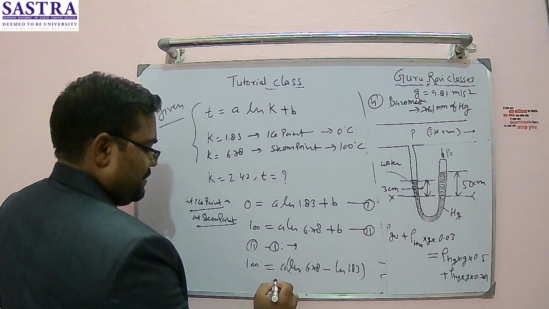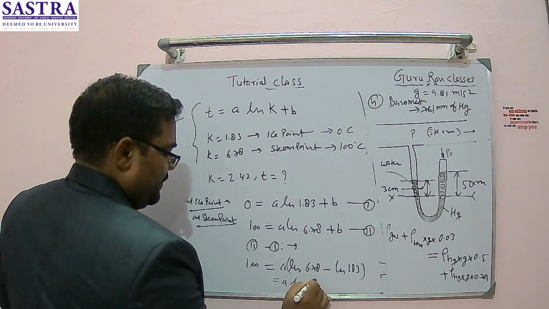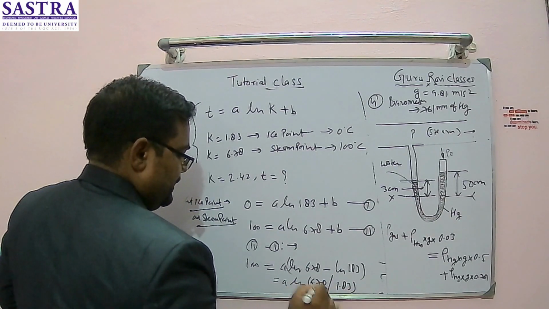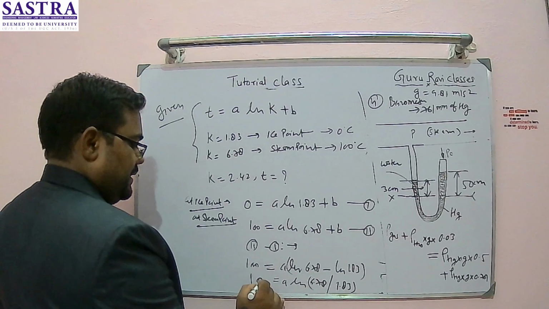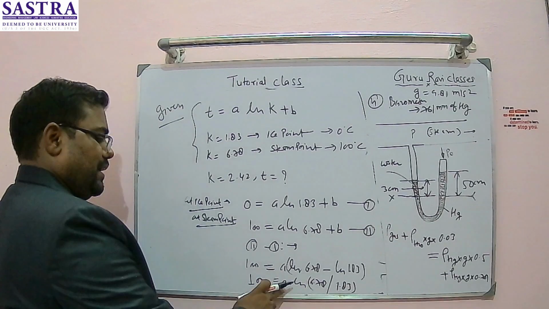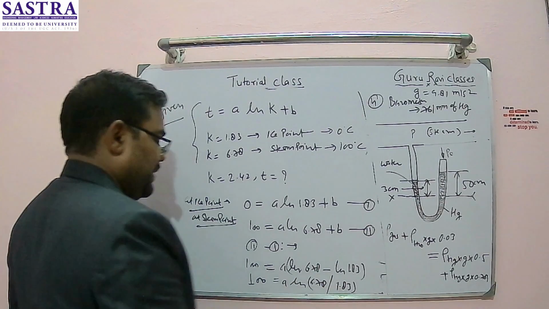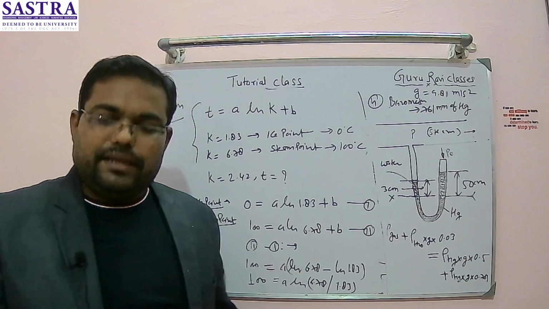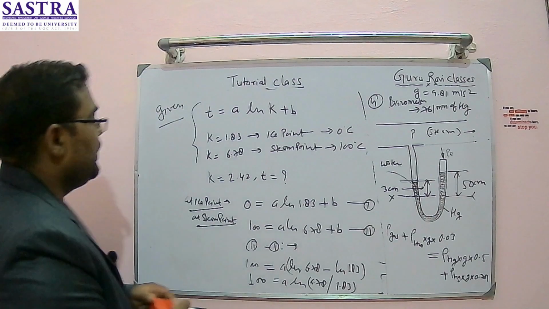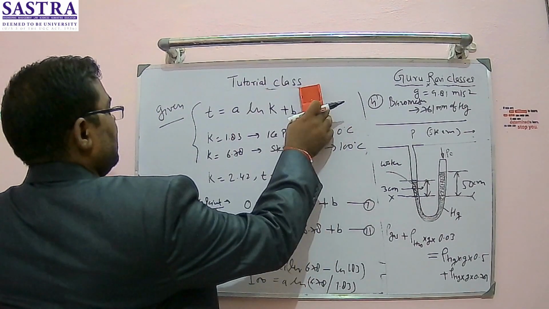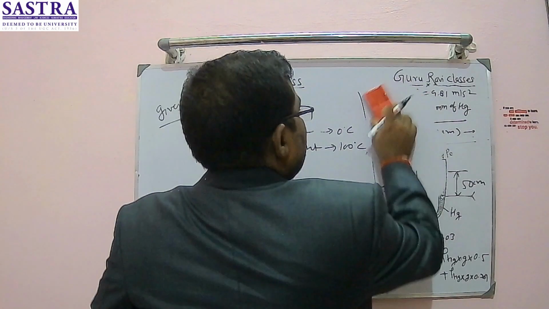So this term can be written as A ln of 6.78 divided by 1.83. Can I write like this? And this is 100, right? So I can now calculate A.